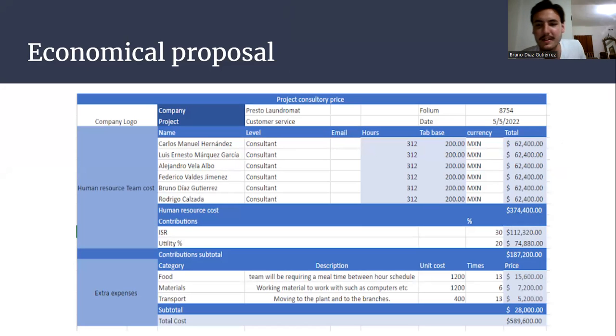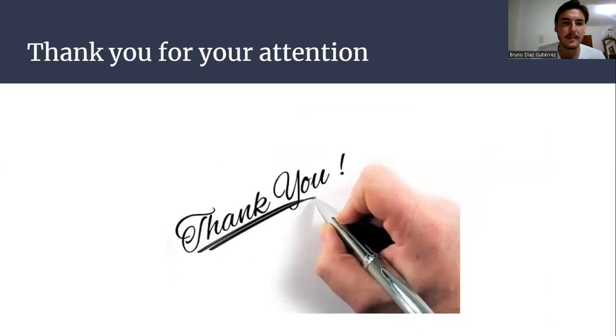And this results in a total cost of 589,600 Mexican pesos. And this is further explained also in the document. This includes factors such as the human resources team and the extra expenses and the cost for the proposals.